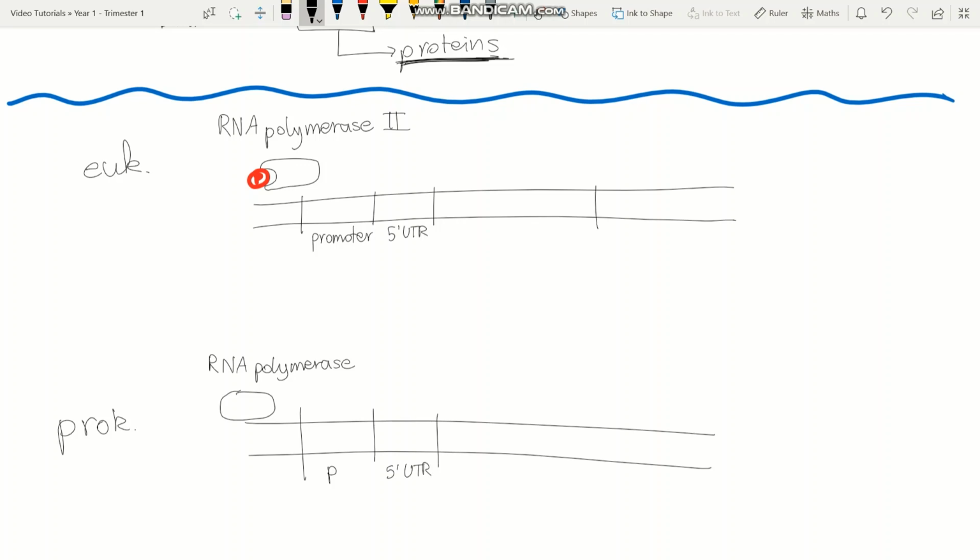Then we have the coding region, which contains both introns and exons in eukaryotic cells, but only contains exons in prokaryotic cells. So I'll write it in red here. So only contains exons.